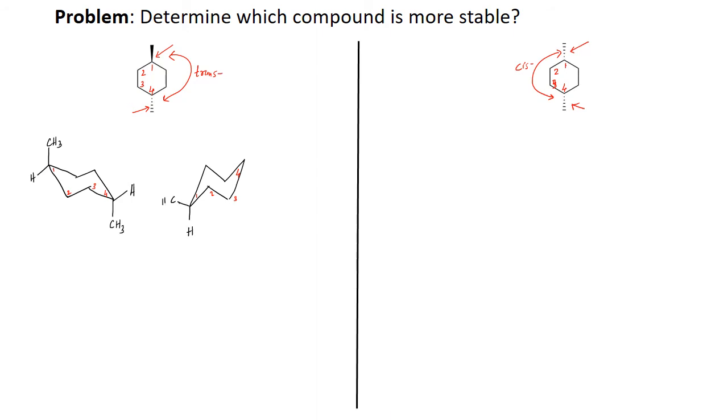So the methyl group ends up on the equatorial position, and the methyl group which was also axial on the other carbon atom, which is carbon number 4, would also become equatorial. So the two methyl groups are now in equatorial positions. Now we can go ahead and similarly draw the chair conformations for the other cyclohexane.